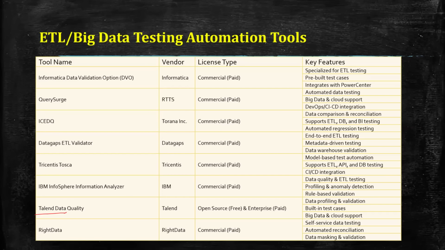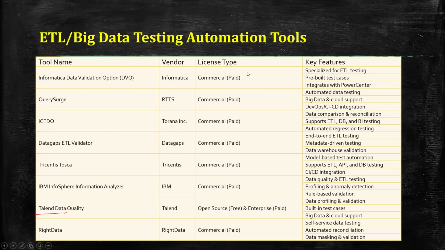But why are we not moving to these particular tools? Everybody, why are we not moving to them? Can you see the license type here? What is this tool? It is commercial, which means the license types are of two kinds.